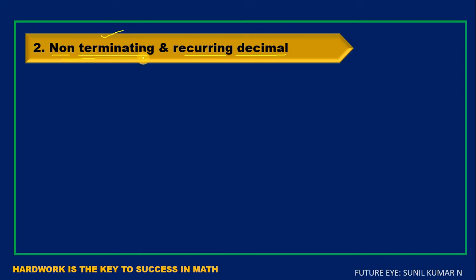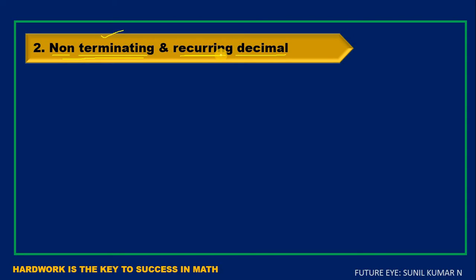Now I think you can easily guess the meaning of non-terminating. Yes, which does not have a definite end, or which never comes to an end. That we call non-terminating. And what about recurring? Recurring means which repeats. A repeating number we call recurring.